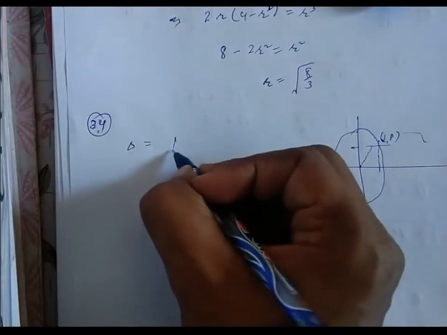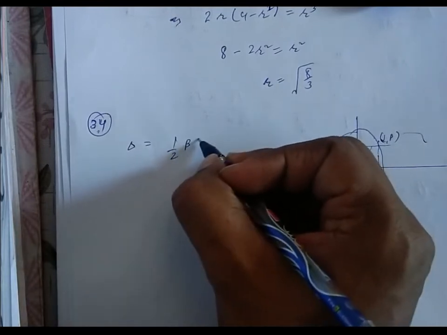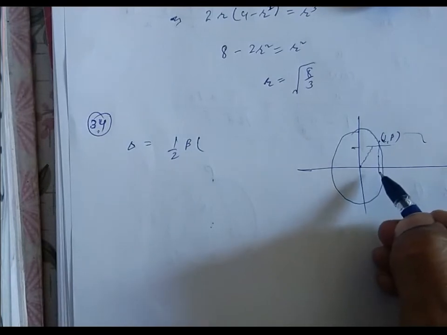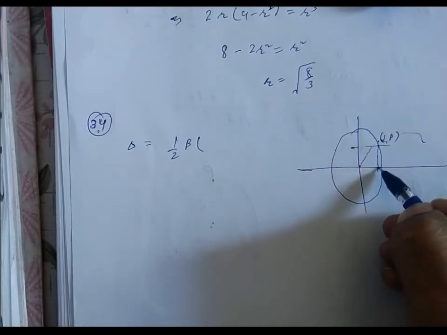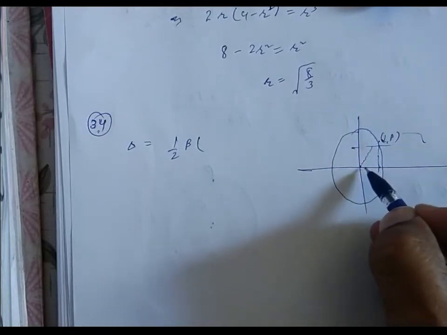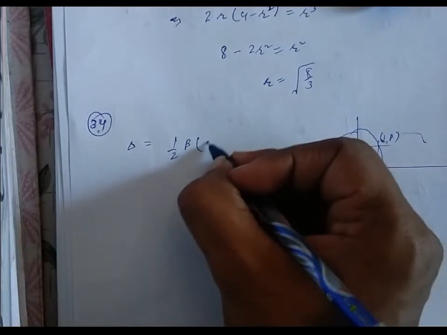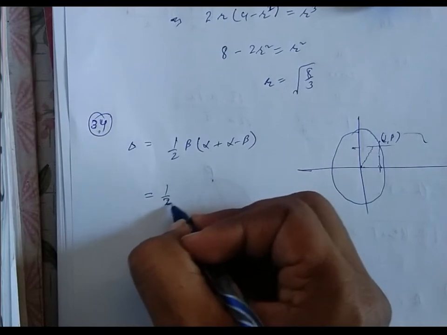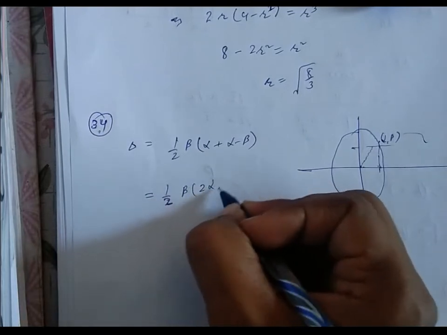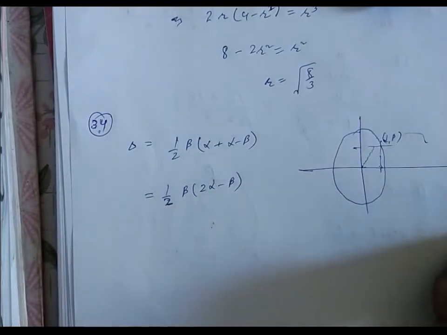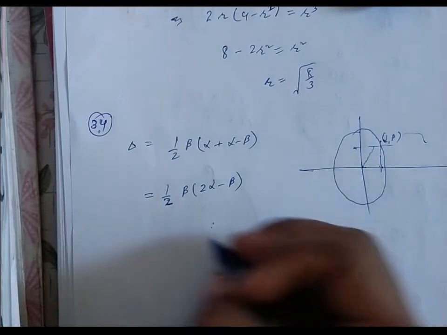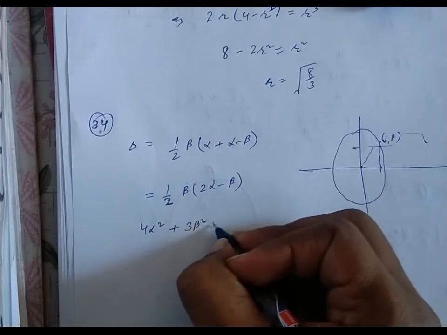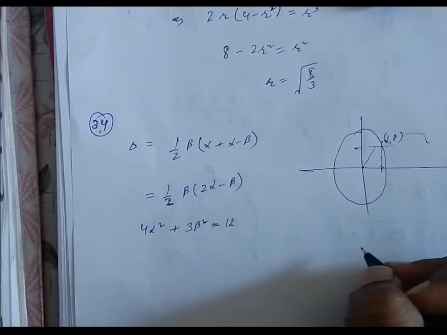So delta would be half of height into sum of parallel sides, which is alpha plus alpha minus beta. We also know that 4 alpha square plus 3 beta square is equal to 12.